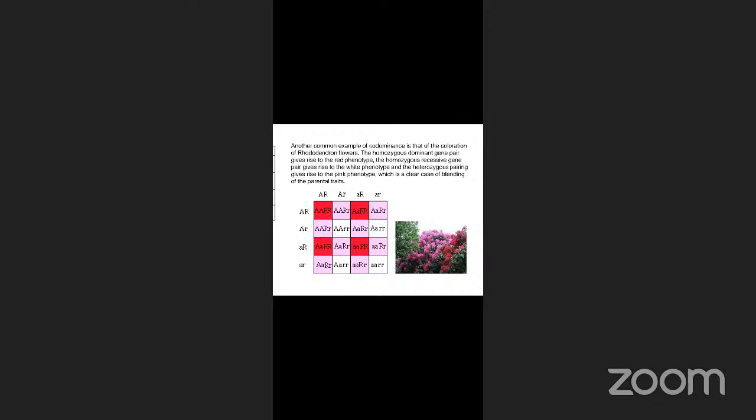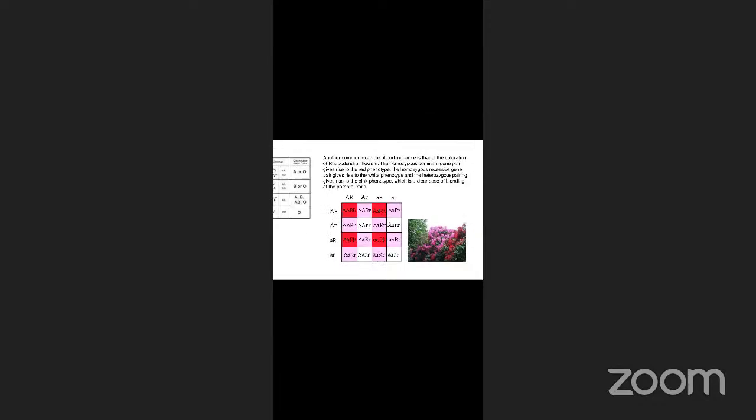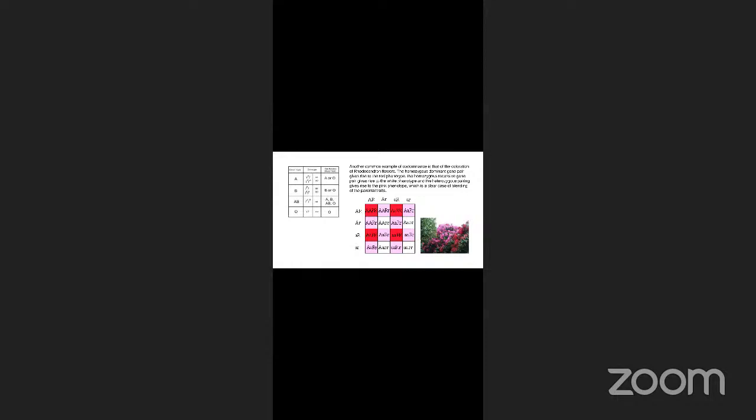That is capital A, capital A, capital R, capital R. If one is dominant and the other is heterozygous, that is capital A, but capital R, small r, which is heterozygous, it gives pink color. You can see the coloration in the table. So both are dominating, and in a heterozygous state you get a different color. In such cases, the genotypic ratio remains the same, but the phenotypic ratio will alter.